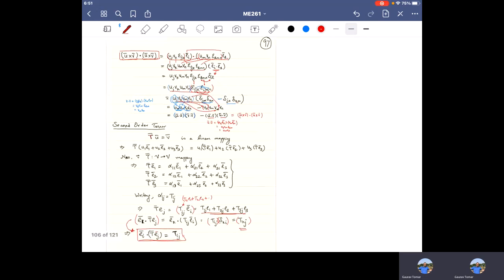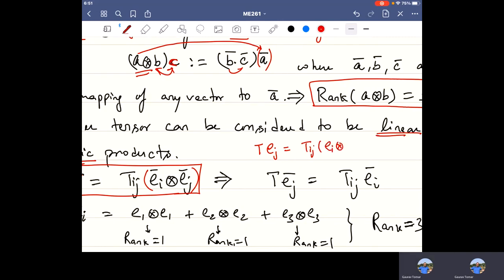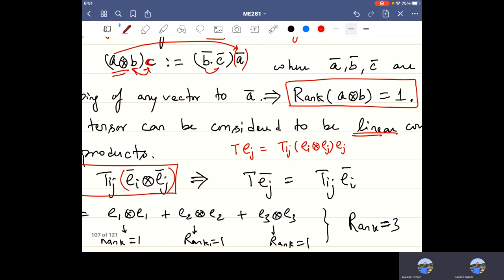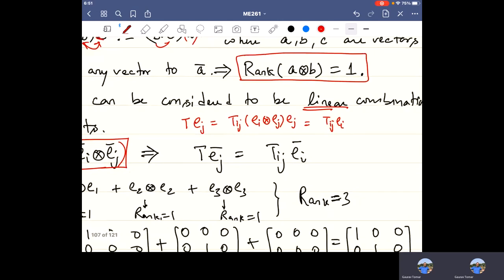So if I take T and operate it on Ej, here you'll get Tij operating on Ei tensor Ej, correct? So you get essentially Tij Ei. Now you can take a dot product with Ei, and from there you get Ei dot T of Ej is essentially Tij.